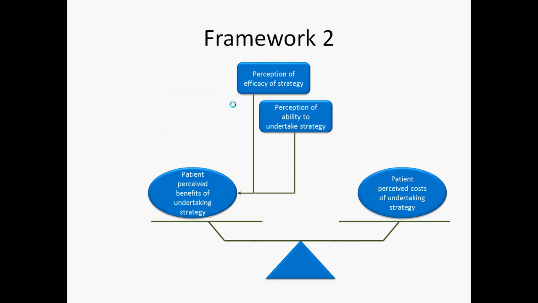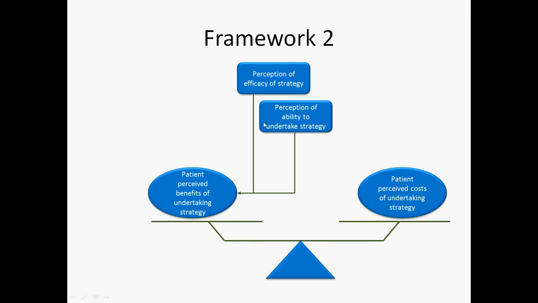Another factor that influences whether patients perceive there will be a benefit of trying to undertake a particular falls prevention strategy or behavior is the perception that the strategy will actually work. If people think that there's no way that could work, then they're not going to be very motivated to actually try that activity.